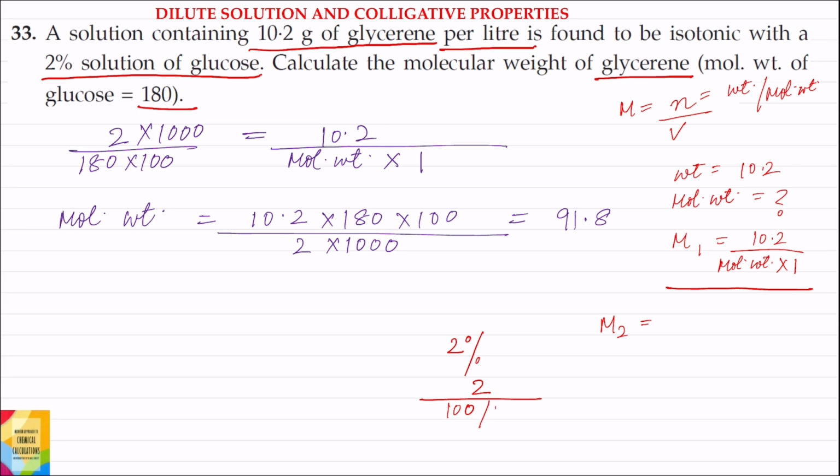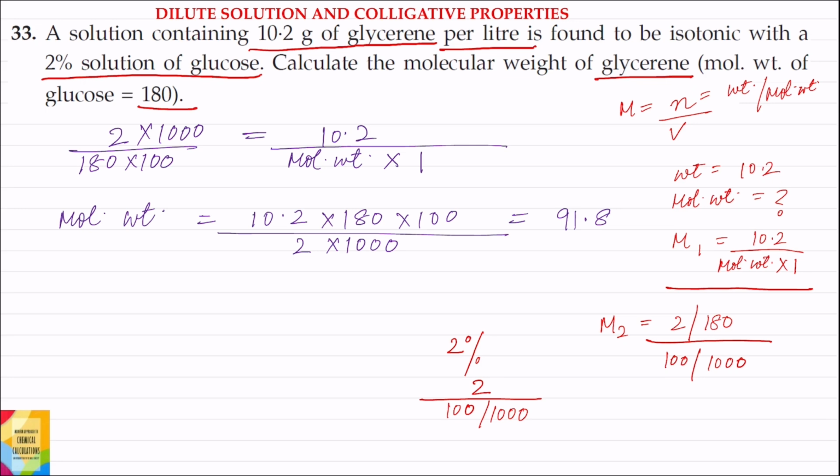So 100 divided by 1000 will give the volume of solution in liters. M2 will be moles of glucose. Now how much will moles of glucose be? Moles of glucose will be weight of glucose, that is 2, divided by molecular weight of glucose, given in the question as 180, divided by volume of solution in liters, that is 100 divided by 1000. This is molarity of glucose solution.